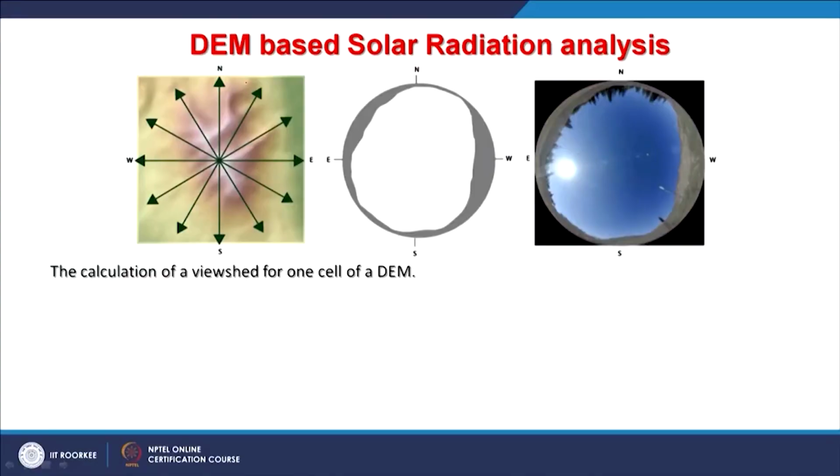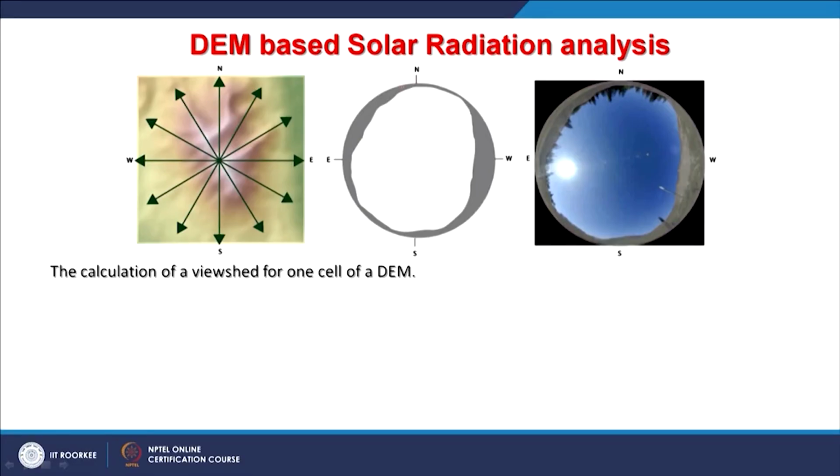Now, when we involve a digital elevation model in this kind of estimation of solar energy, there are many directions; instead of 8 directions, now we have 12 directions. The calculation is done for 12 directions based on the location, because the digital elevation model provides information about the terrain.